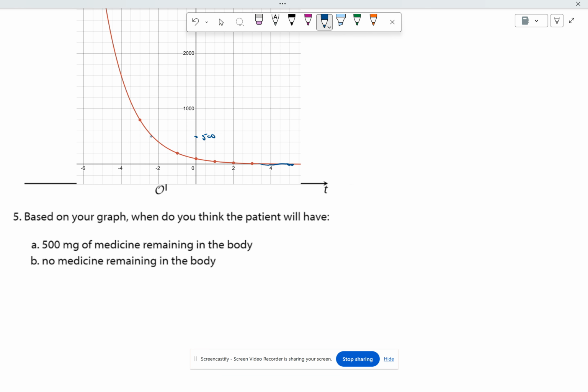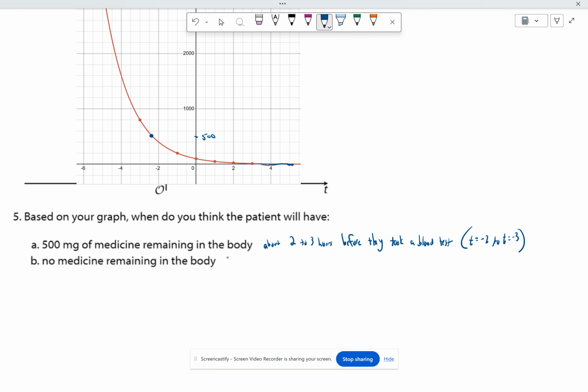So according to this graph, it's going to be somewhere between 2 and 3 hours before they took a blood test. So think t equals -2 to t equals -3.